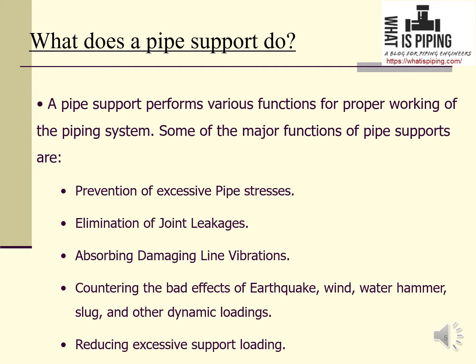This type of damaging effect can be effectively solved using proper piping supports. Next is reducing excessive support loads. So providing pipe supports in exact locations or optimized locations can reduce the excessive support loading.